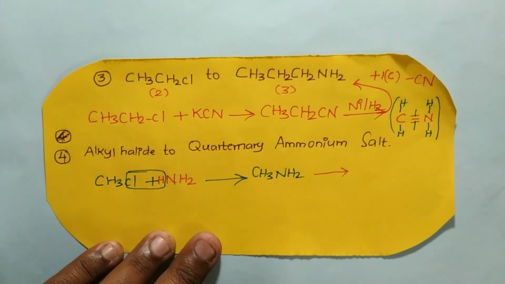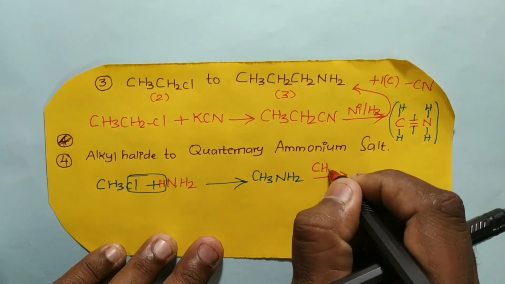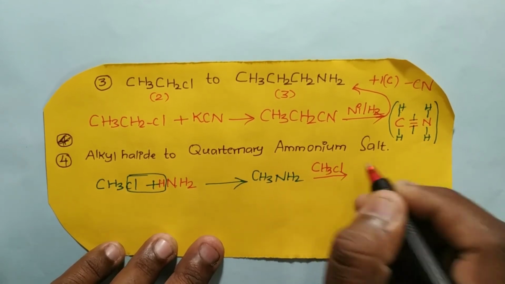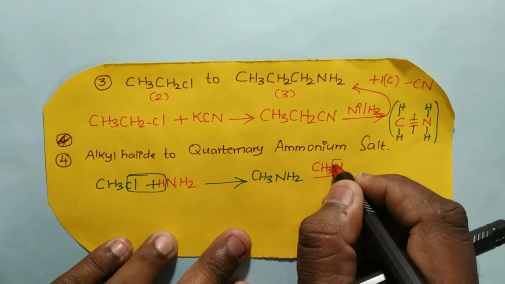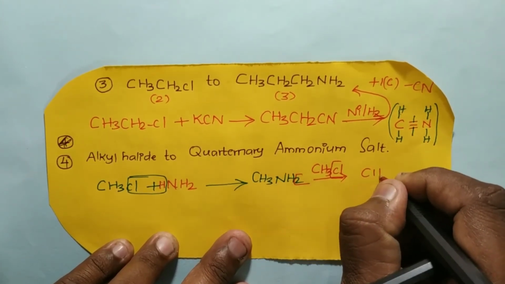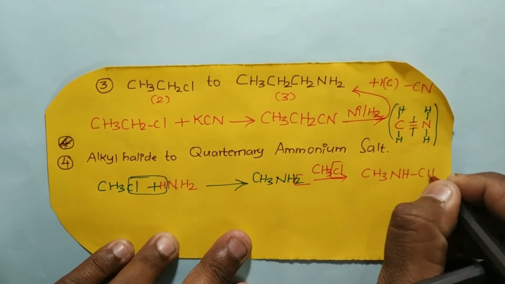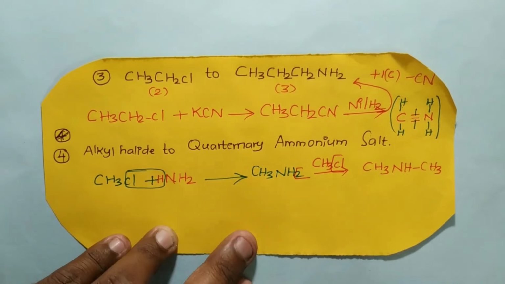Here I have to add alkyl halide, that is CH3Cl. At that time the Cl and this hydrogen will go off, so I get CH3NHCH3 as a product.